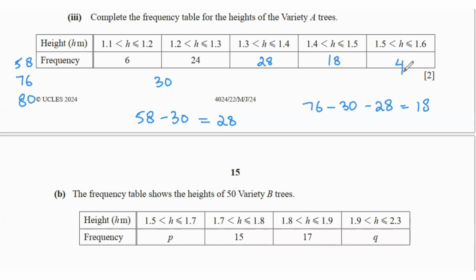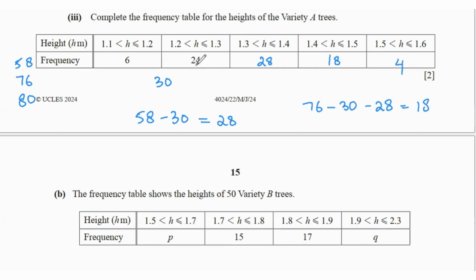Once again, what you will do is first find the cumulative frequency values for each of the intervals, and you will use the maximum value from the interval, not the midpoint, not the minimum value, the maximum value. So from 1.4, I get the cumulative frequency of 58. From 1.5, I get 76. And from 1.6, I get 80. So once you have the cumulative frequency values, we know that we get cumulative frequencies by adding the frequency values.